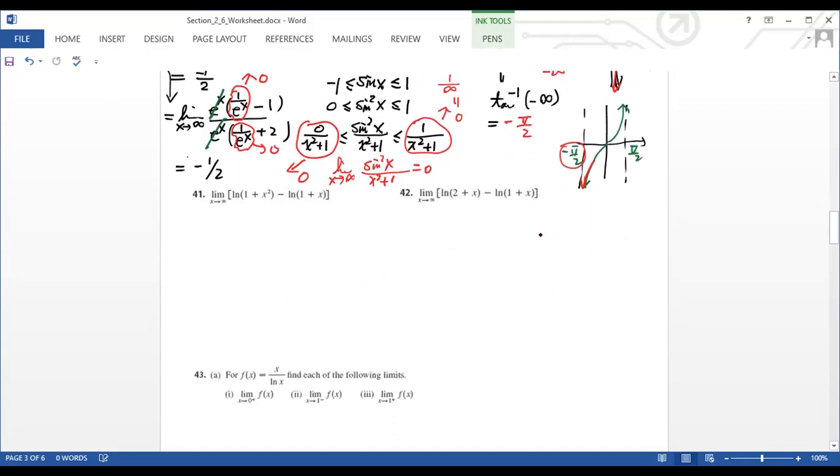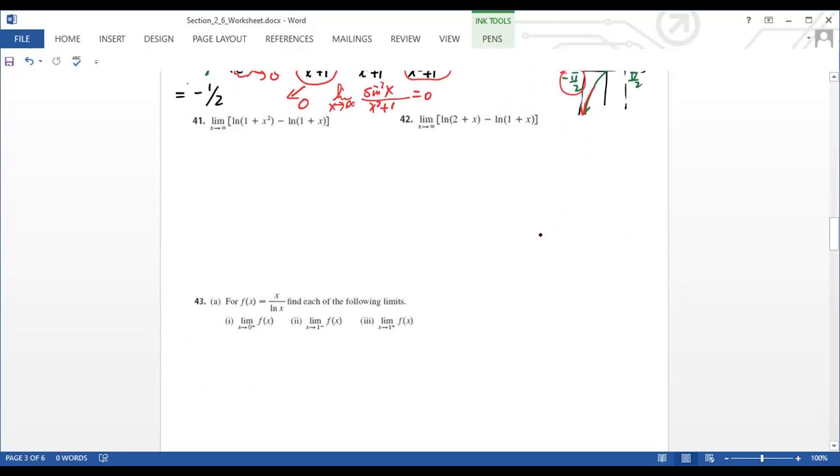Okay, so now let's take a look at number 41 here. So this is the natural log. When we try to do this type of problem, if you take a look here, x approaches infinity, right? If you plug the infinity in here, it will be infinity minus infinity, so it's undefined.